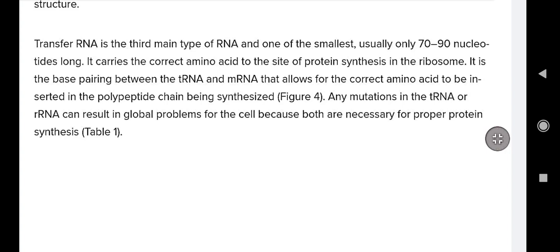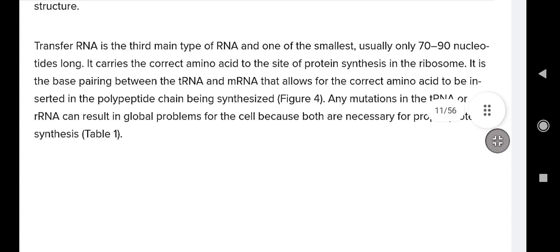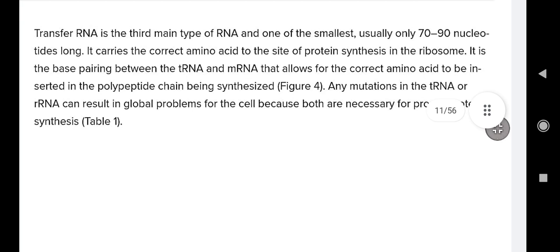Now in the case of tRNA, tRNA is the third main type of RNA, one of the smallest RNA that we find, made up of only 70 to 90 ribonucleotides, and it carries a specific amino acid to the site of protein synthesis on its extreme end. It is the base pairing between the tRNA and mRNA which allows the correct amino acid to be incorporated into the polypeptide chain being synthesized.